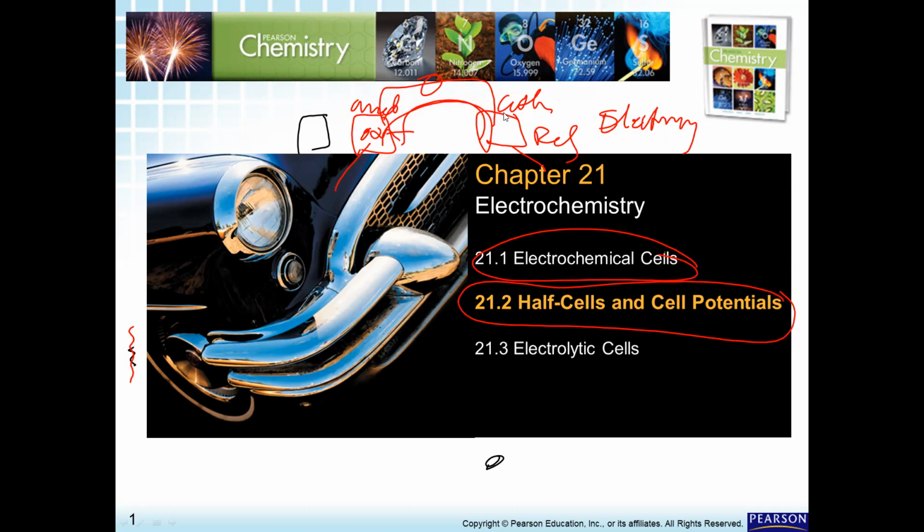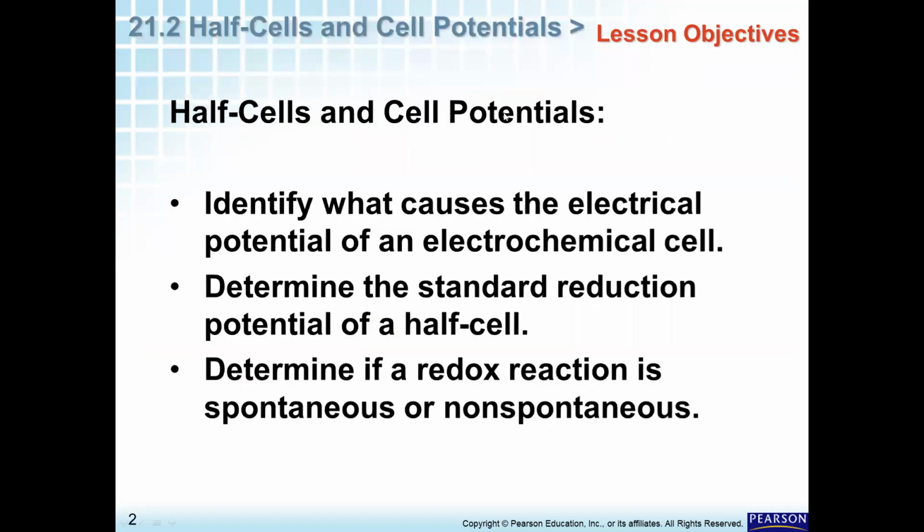So what is electrical potential? These are the objectives for today. First of all, we have to define what electrical potential is, and then look at the cause of that. Why in an electrochemical cell do we have electrical potential?